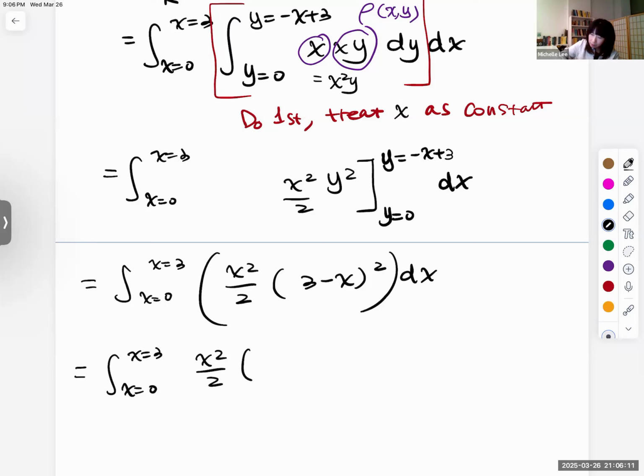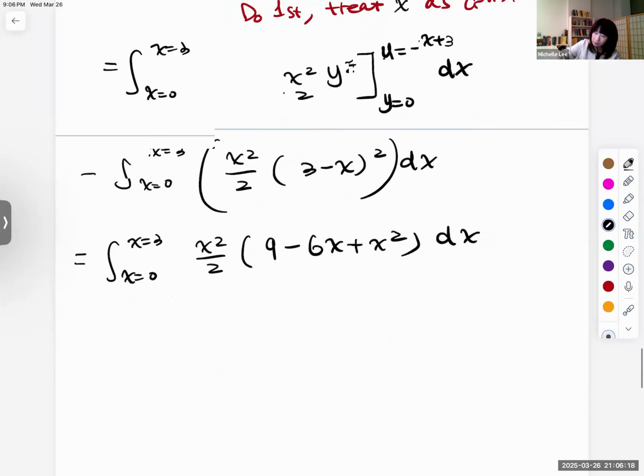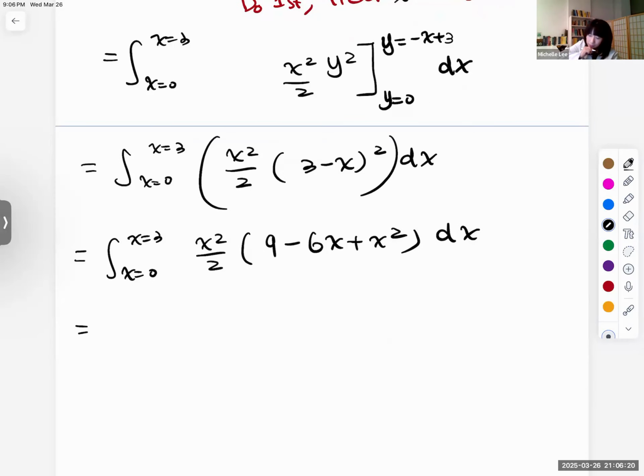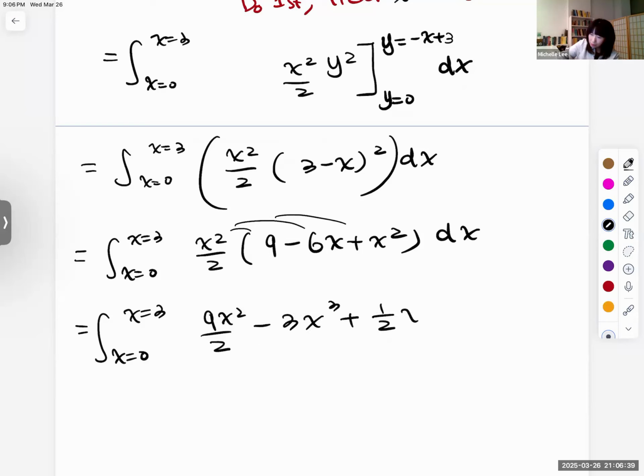All right, so we expand that. So we have 9 minus 6x plus x squared dx. Let's distribute. So we have 9x squared over 2 minus 3x to the third power plus 1/2 x to the fourth power dx.